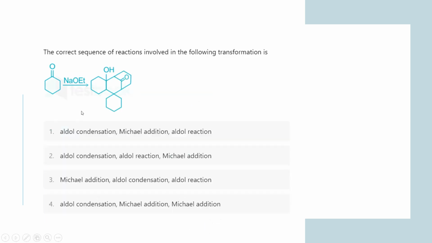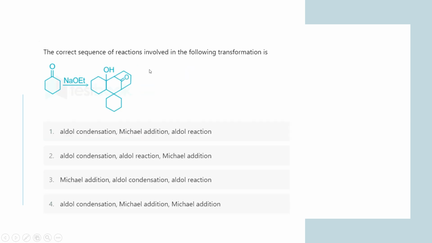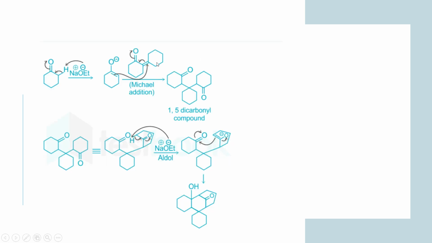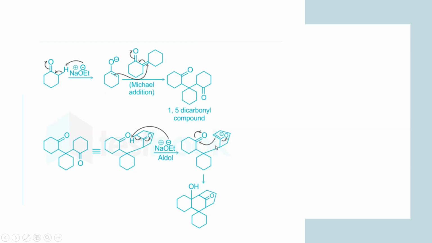So out of all the options given, first we need to do aldol condensation to get this particular intermediate, and then we have to carry out Michael addition with this intermediate, and lastly aldol reaction on this 1,5 dicarbonyl compound gives you this tetracyclic molecule.